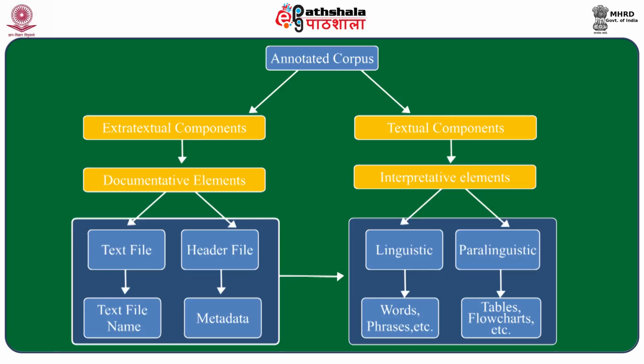These need to be interpreted. We need to interpret the word to understand the meaning. We need to interpret the sounds, segments, to understand the sounds of the words or letters. We need to interpret the syntax to understand the sentence structure. So these are interpretative elements in the text.